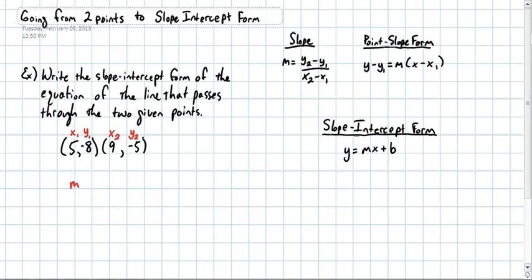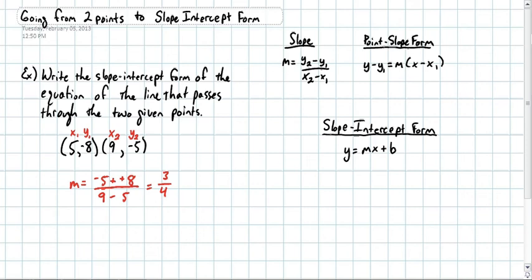So that's m equals -5 minus -8 over 9 minus 5. I'm going to fix these double negatives first. -5 plus 8 is 3. And 9 minus 5 is 4, so that means my slope is 3/4.